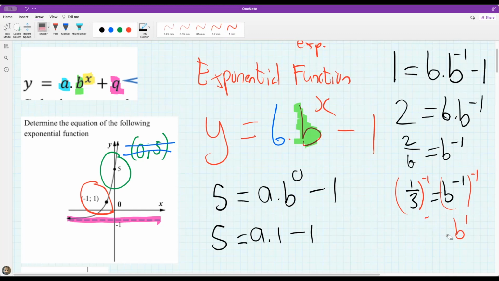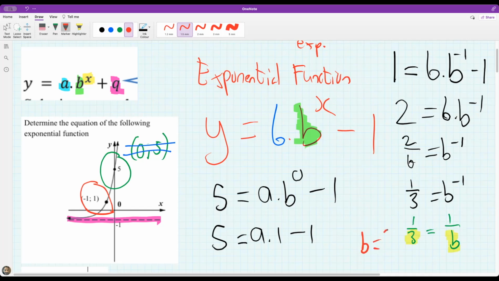Or the other way of doing this: b to the minus 1 is just 1 over b, in which case these two values must be equal, and b must be equal to 3. And so the equation of this function is going to be 6 times 3 to the power of x, minus 1.